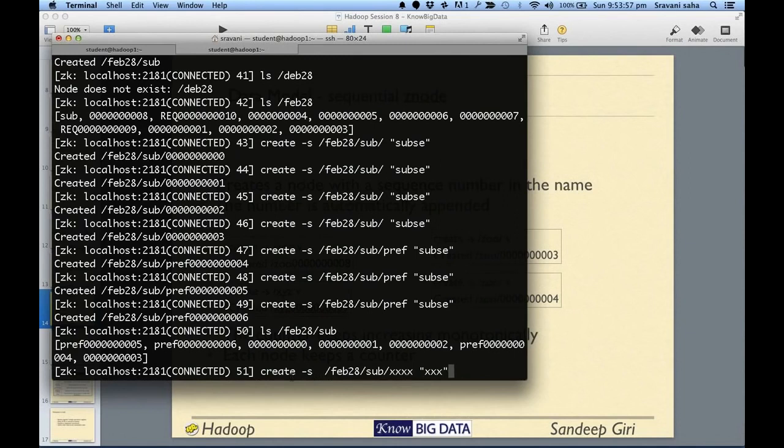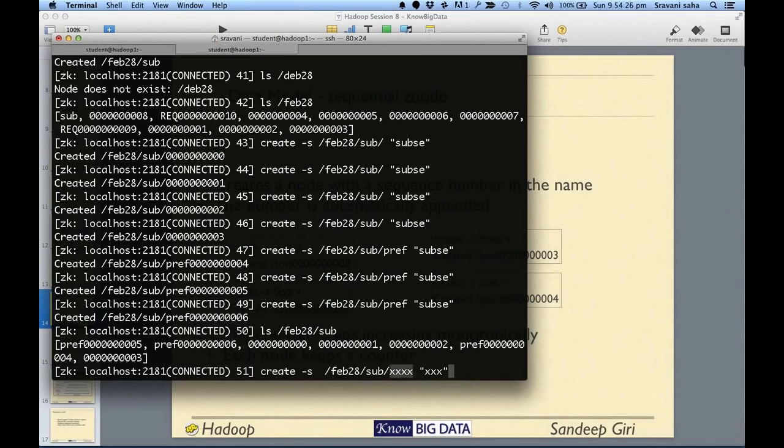We want to create this node. What will be the number? What will be the name of the newly created node? Are you sure? Because the sub already has how many? Up to 6, right? Sub already has up to 6.